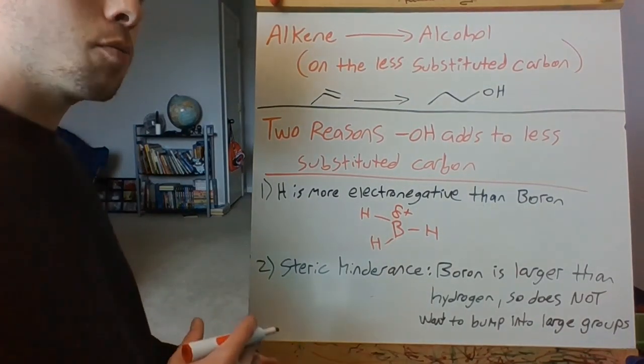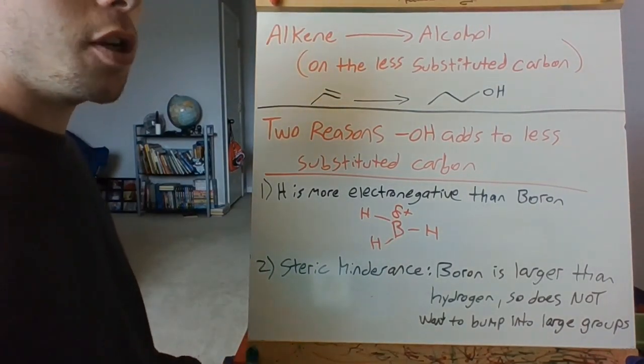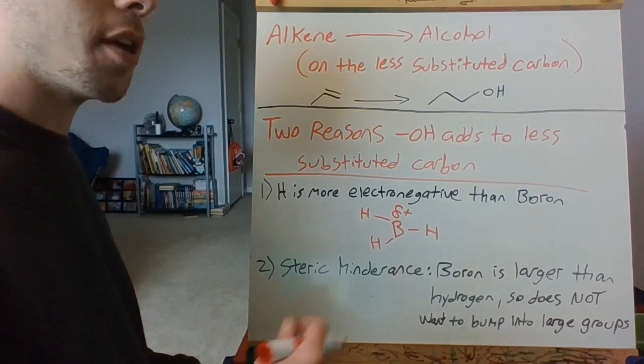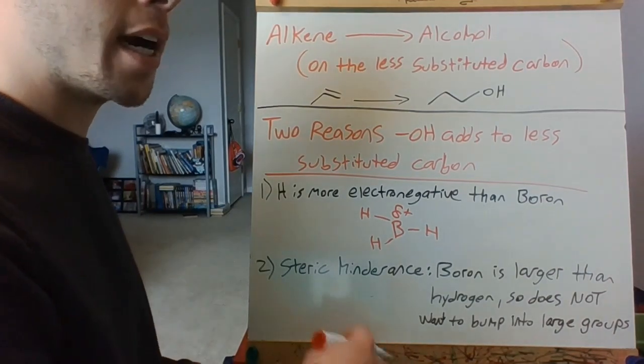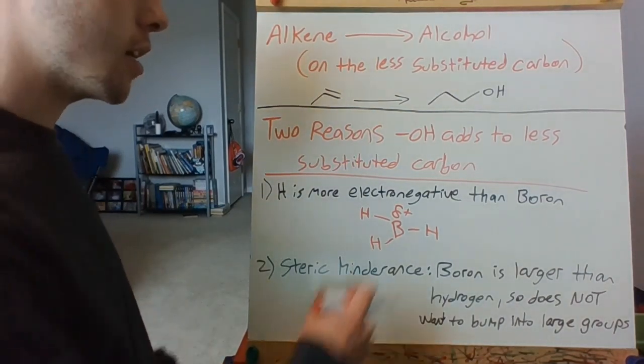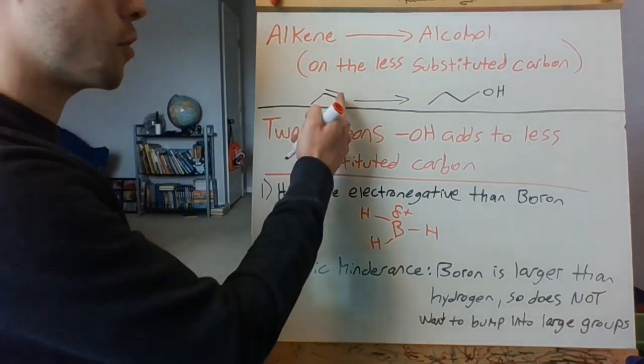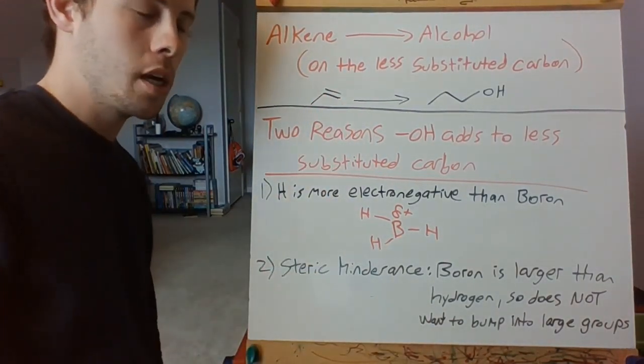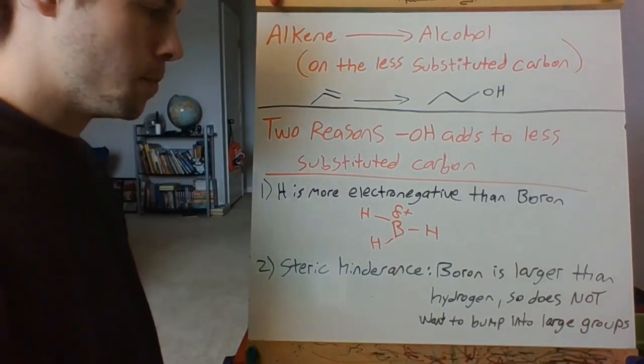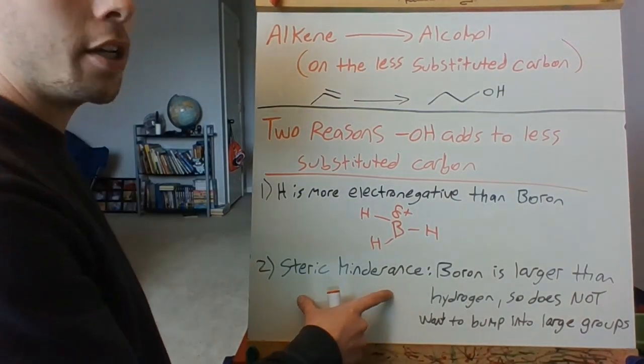Remember in our previous mechanisms, like when we've used HBr, the partial positive is on the hydrogen, and we attack that hydrogen first. In this case, the partial positive is on the boron, and so that's what our alkene is going to be attacking in our mechanism that we'll talk about in just a second. Second reason is steric hindrance.